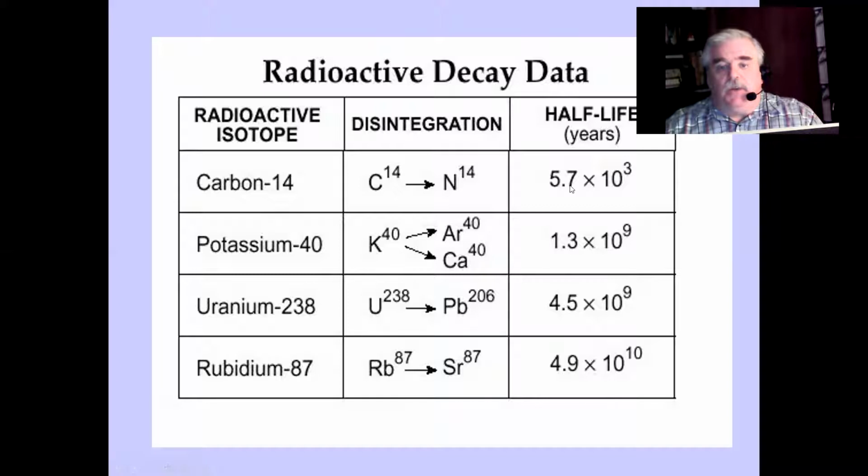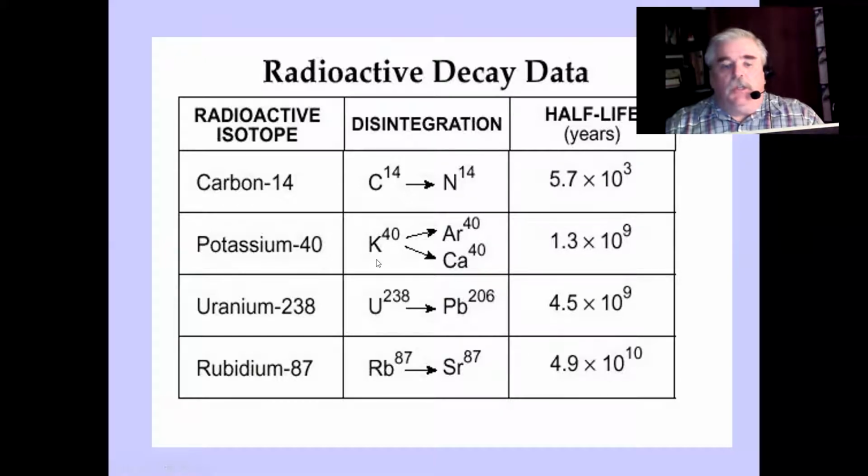Remember, with scientific notation, we move the decimal point 3 places to the right if it's a positive number, and you're going to add the appropriate zeros. So therefore, it would be 5,700 years for carbon 14. And this is the reason that carbon 14 is used for recent organic remains, because its half-life is so short.